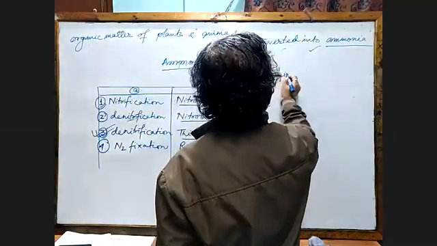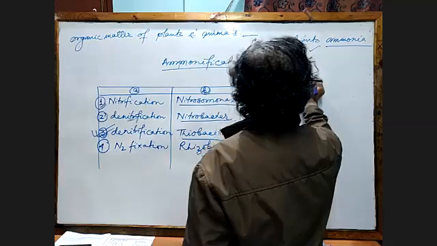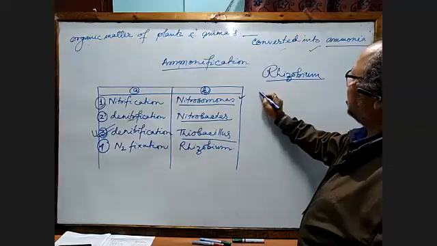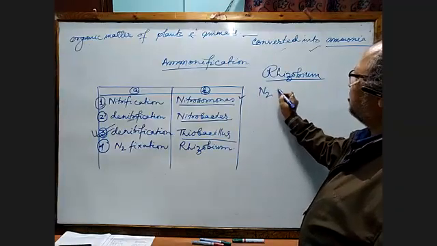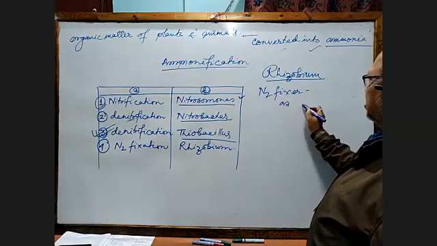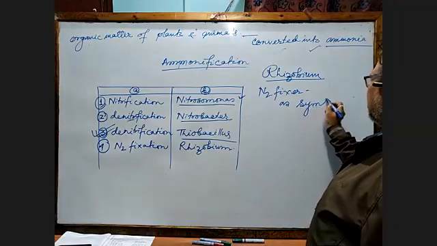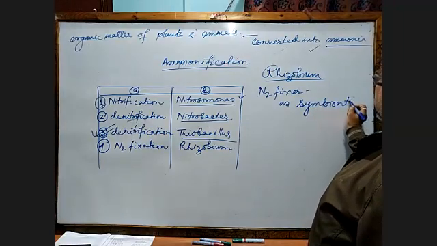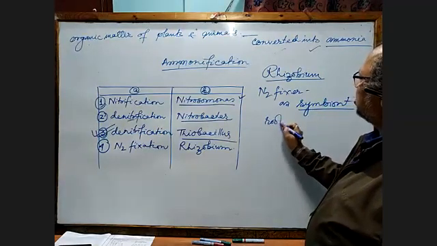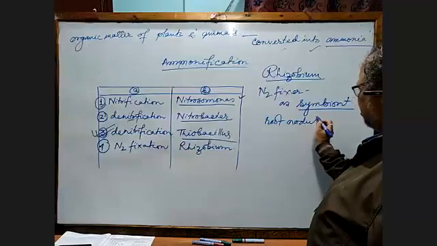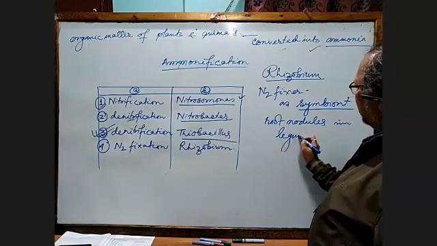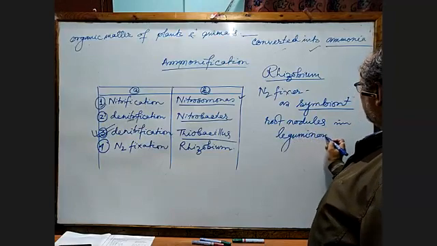Rhizobium bacteria, this is a nitrogen fixer as a symbiont which forms root nodules in leguminous plants.